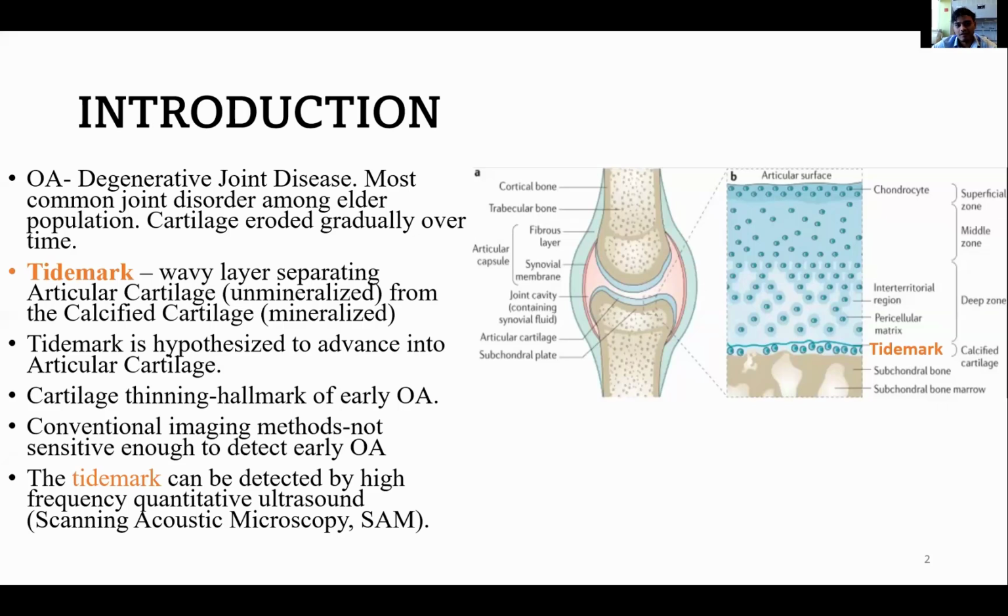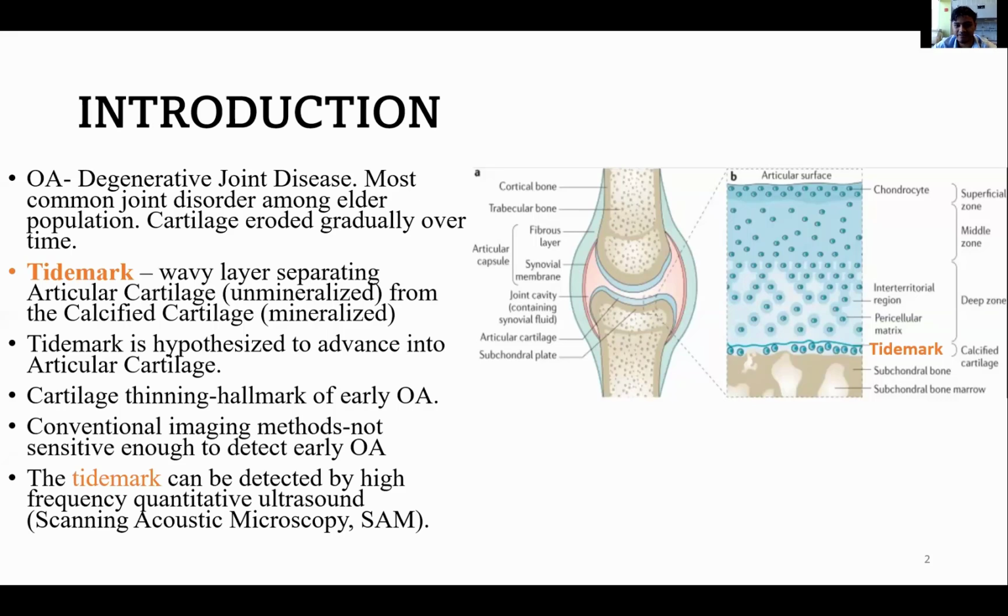Conventional imaging modalities haven't been able to diagnose the early stages of arthritis, because it's usually considered as cartilage erosion. But even before the cartilage starts to erode, there are some subtle changes happening beneath the cartilage in the subchondral bone, like micro cracks and tears.